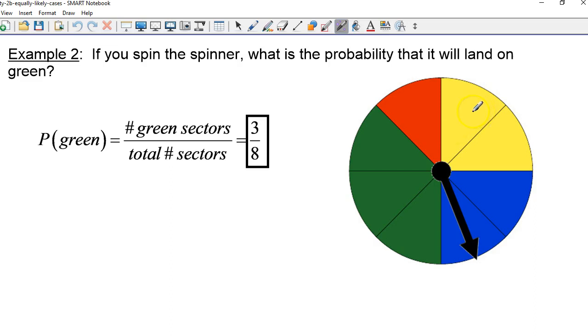And there are 8 total sectors if you count them up, 1, 2, 3, 4, 5, 6, 7, 8. So the denominator of our fraction will contain the total number of sections, 8. And since we're finding the probability that it will land on green, we want to count up just the green sectors, 1, 2, 3. So the numerator of the fraction will contain a 3. And so the probability of getting a green with this spinner would be 3/8, 3 out of 8.